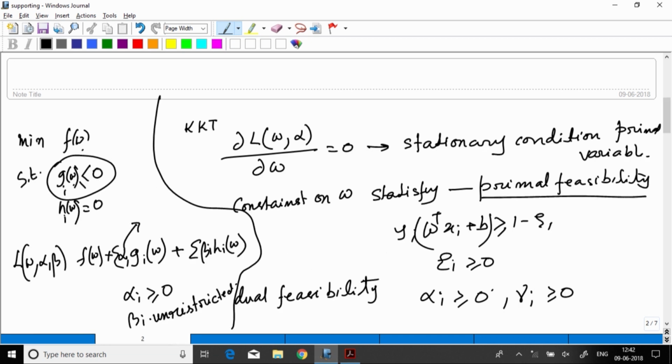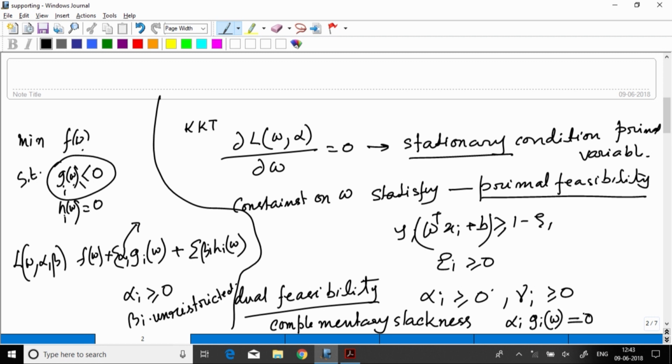So it is primal feasibility, stationarity, dual feasibility, and something else called complementary slackness, which says that the dual variable multiplied by the primal constraint is 0 for all the constraints.